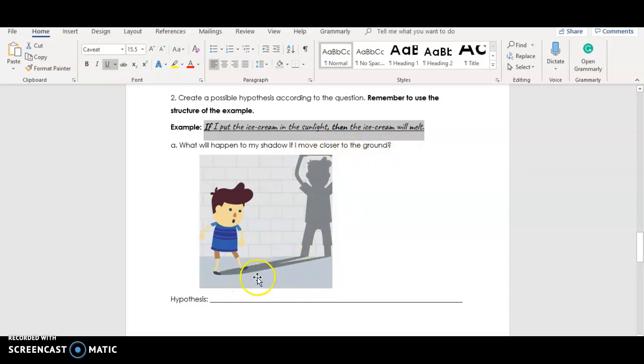This is the ground. This is the shadow. What will happen to my shadow if I move closer to the ground? So you need to write the hypothesis in here.